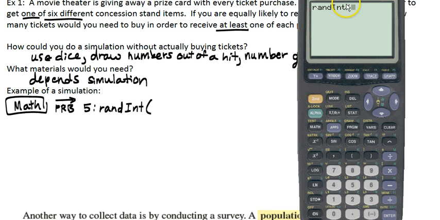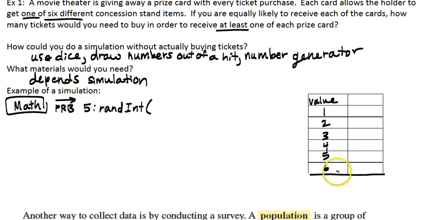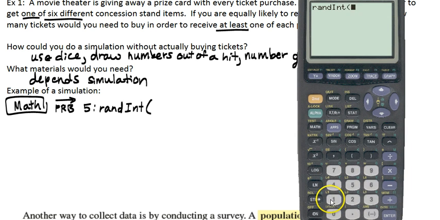There we go. And now what we need to do is give our calculator a starting possible value and an ending possible value. And for our simulation, we want it to go from 1 through 6. So I'm going to do 1, 6. And if you haven't ever used the comma button before, it's right next to the parentheses. So now my calculator looks like this.